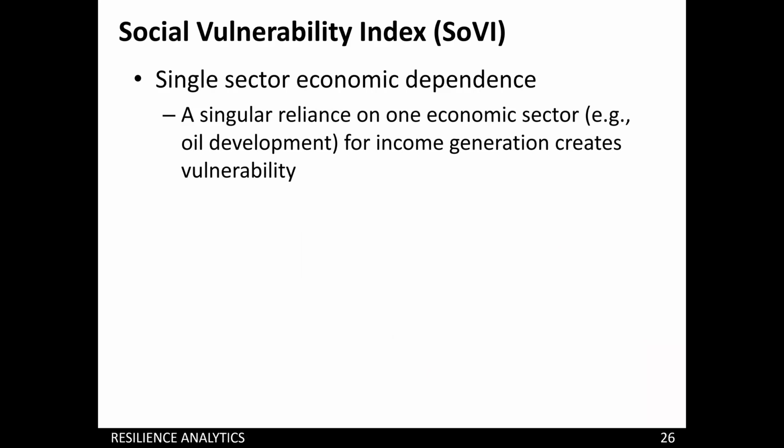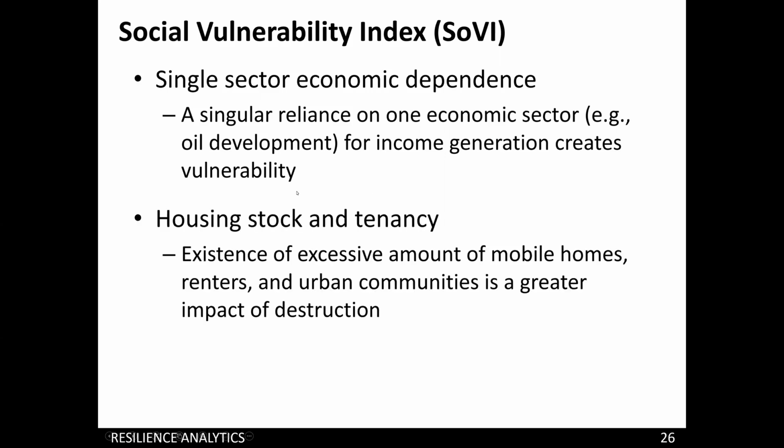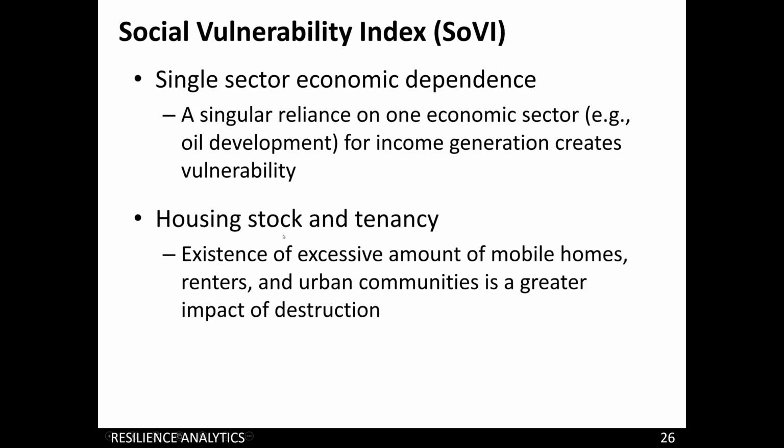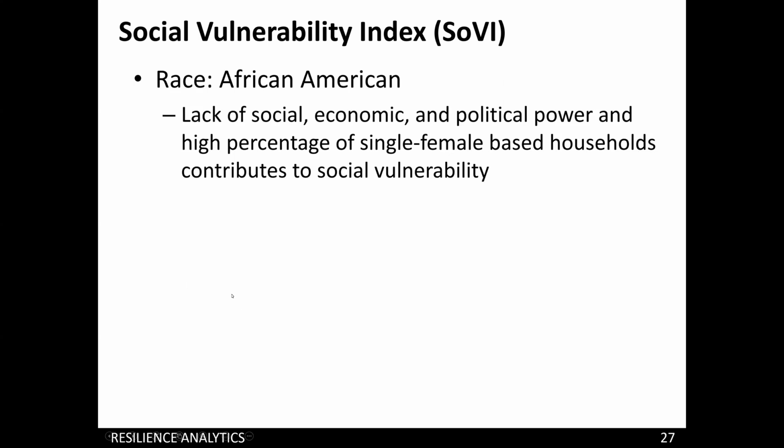Single sector economic dependence, so singular reliance on a particular economic sector, like, for example, in Oklahoma, oil development, for income generation creates vulnerability. Housing stock and tenancy: depending on what kind of stock there is, mobile homes, for example, the higher the number of renters, the more socially vulnerable that community might be.